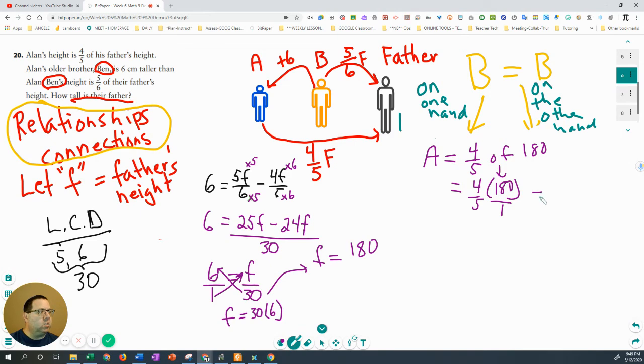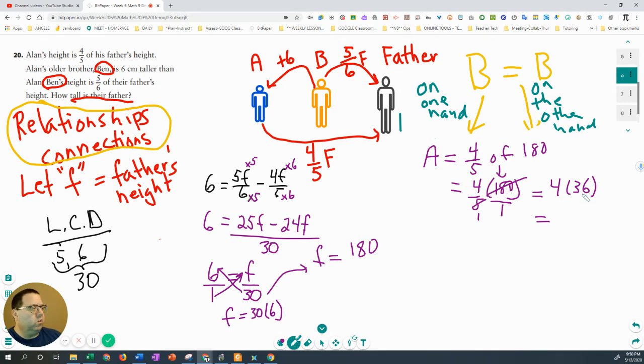I like to do pre-reducing. 5 goes into 5 once. 5 goes into 180, 36 times. So we have 4 times 36. 1 times 1 is 1. So all over 1 means the denominator went away. That's why I pre-reduced, because now it's no longer a fraction.